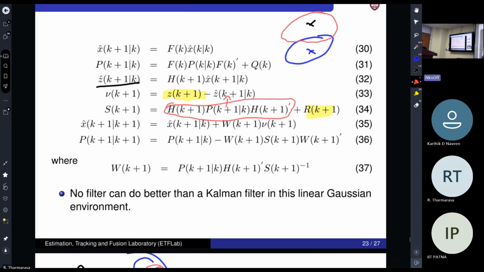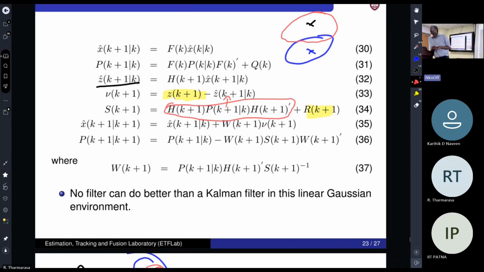That is why we find the difference between those two and use this covariance. That is equivalent. That means checking whether those two ellipsoids are intersecting is the same as finding this innovation and seeing whether it falls inside the gate.